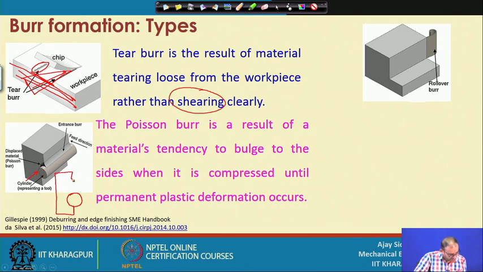When you push this tool into the material, this amount of material is displaced and goes to this particular location.